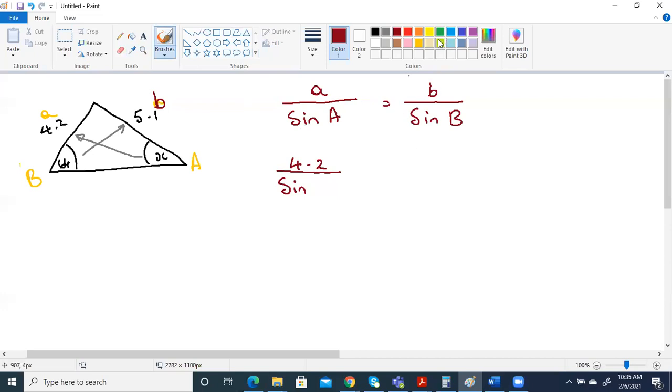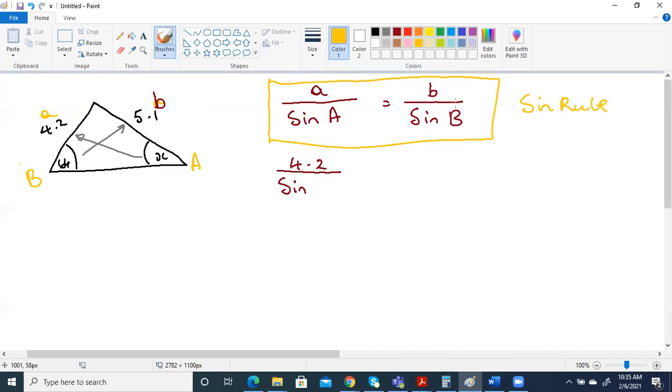We should always write that down. This is called the sine rule.